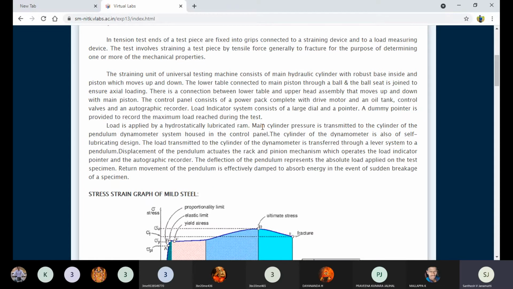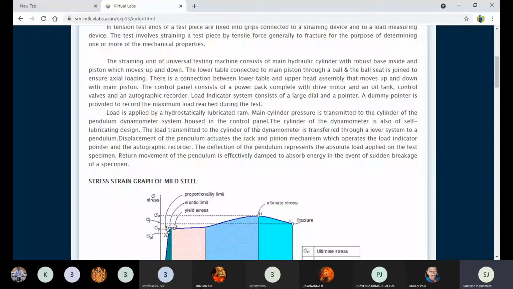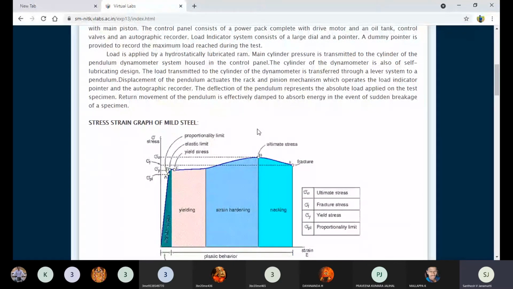Exactly, here we need to determine the percentage of deformation, which we call the percentage of elongation and percentage of reduction in area, with respect to the particular load. How much load we are applying on that sample, and how much reduction in area takes place. As a result, what will be the percentage of elongation? Is it more or less elongation, and at what load does fracture take place?